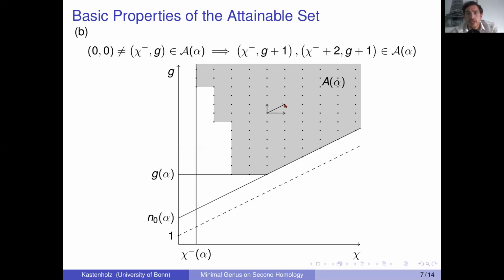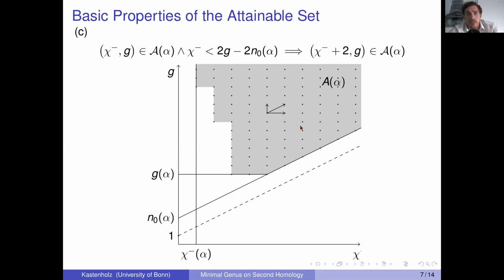While going to the top right just means I take the connected sum with a torus on which the map is null homotopic. And then there's this last step, which is somehow like a conditional move, that as long as we're above this line, I can always go to the right. And what does this here mean? This just means I take 2 non-spherical connected components and connect them by a path, or basically take the connected sum of these 2.